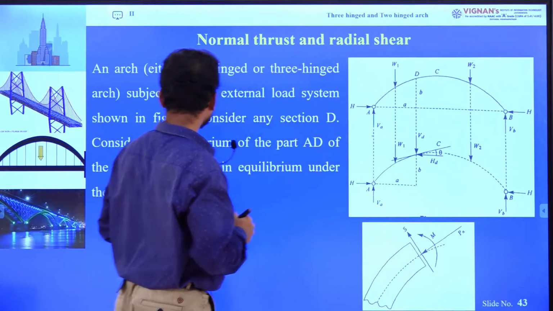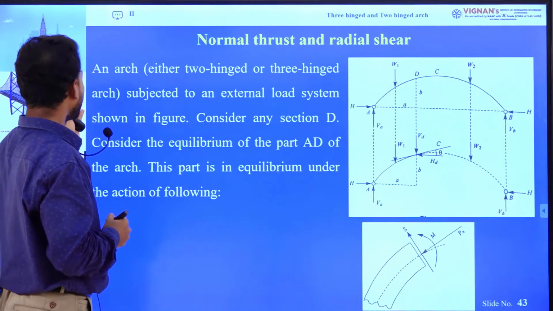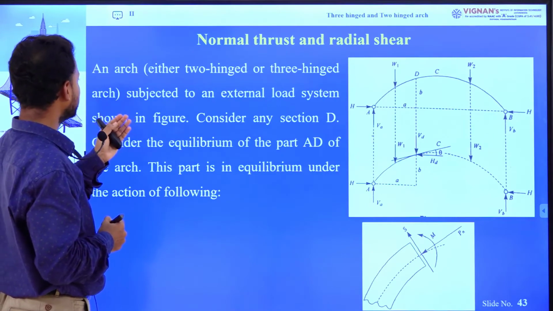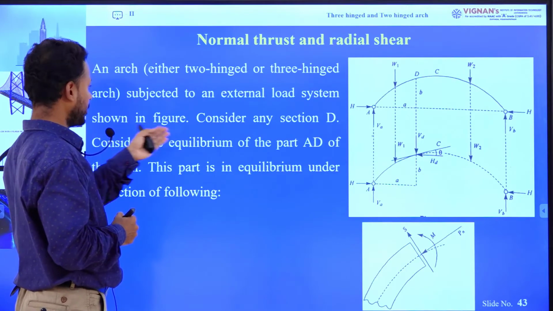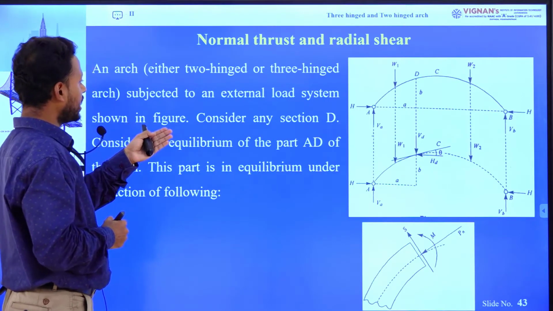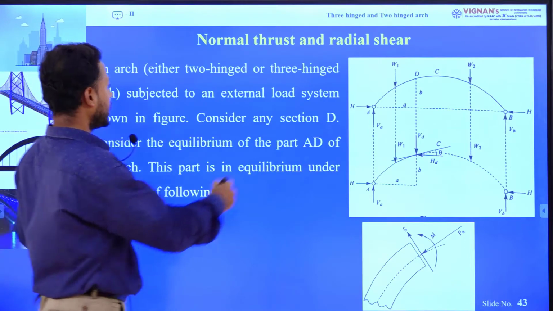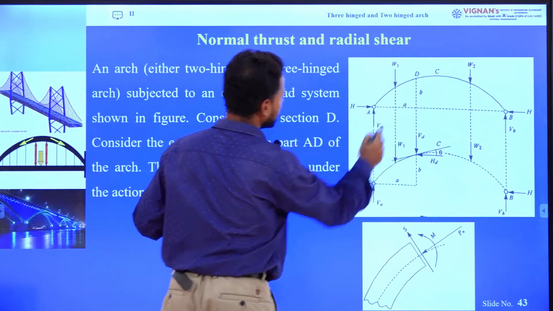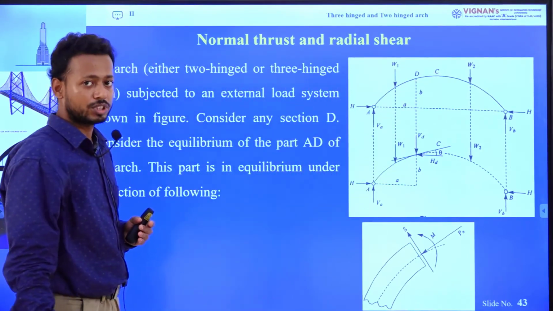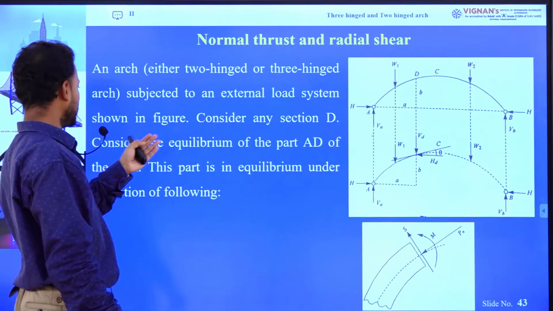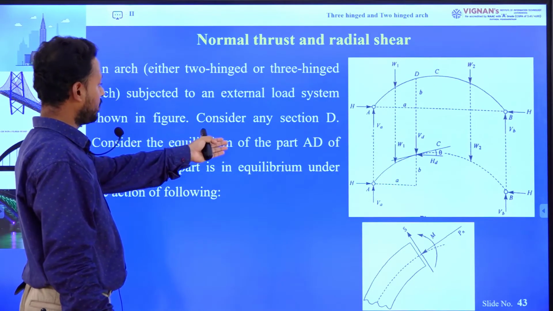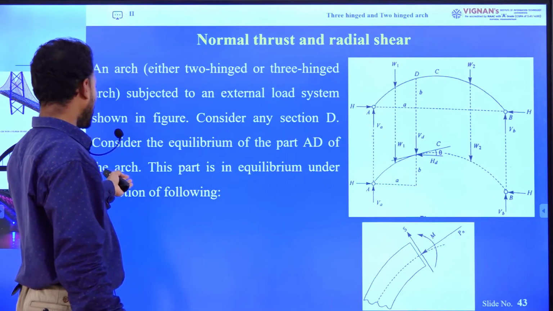Okay, so come to the point. An arch, either 2 hinge or 3 hinged, is subjected to an external load system shown in the figure. Consider any section D. At any section D, if you imagine at that point what forces will be acting, that we will calculate. Consider the equilibrium of the part AD of the arch.